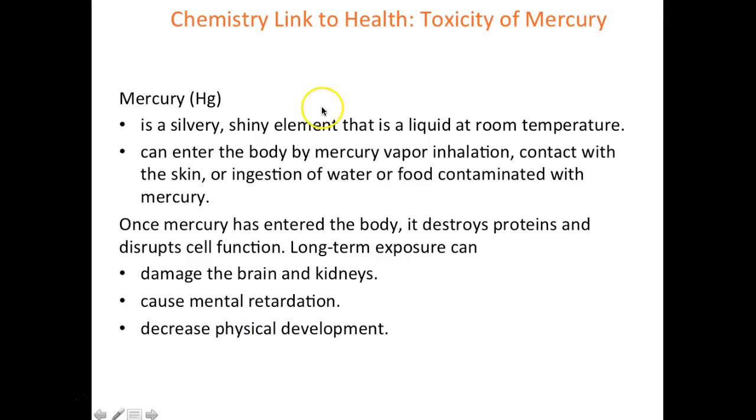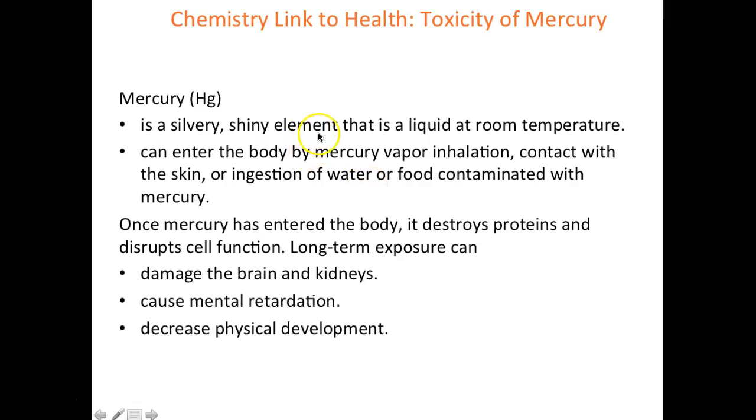Mercury toxicity can come from either ingestion of mercury from food or water, like fish, etc., or the industrial wastes getting into the water.